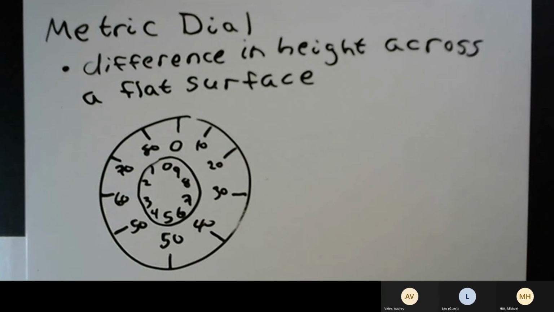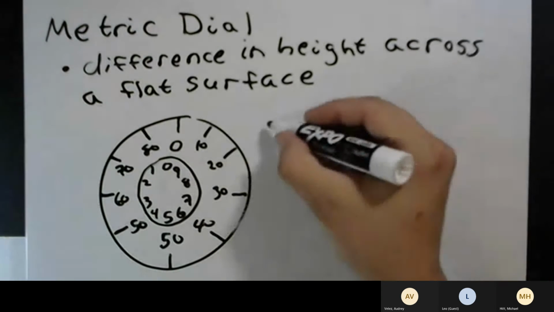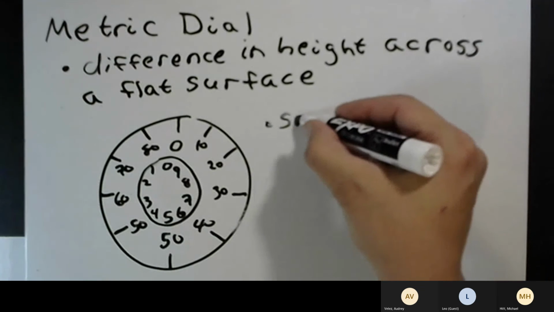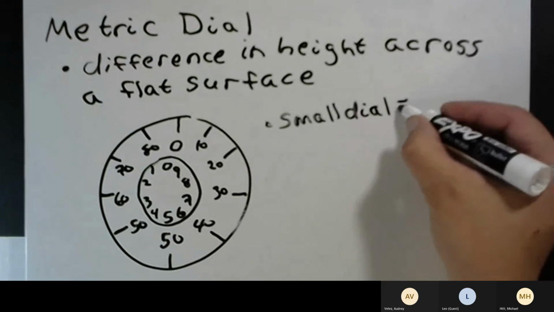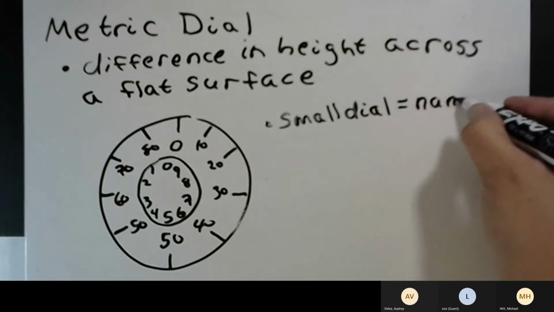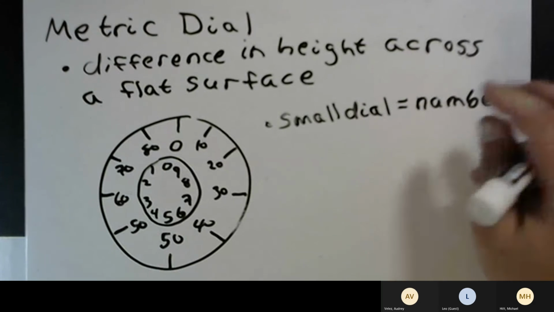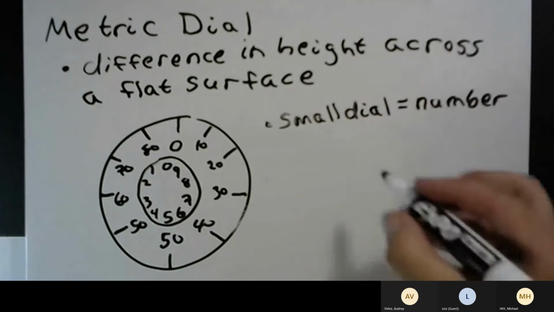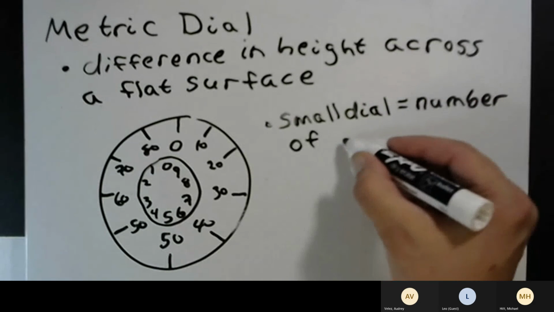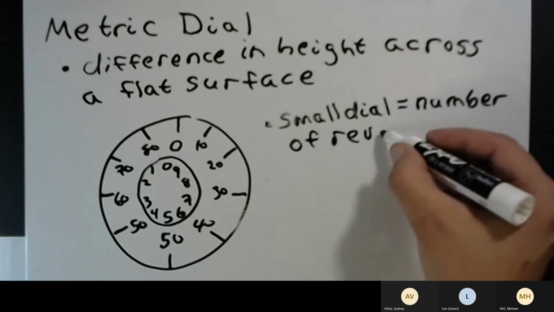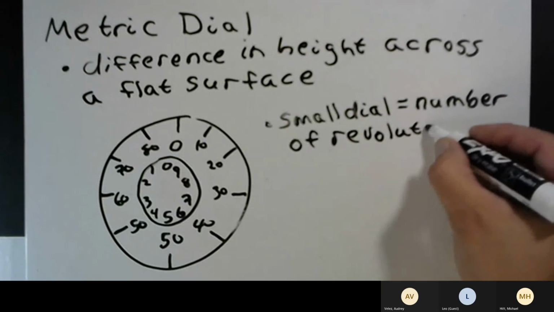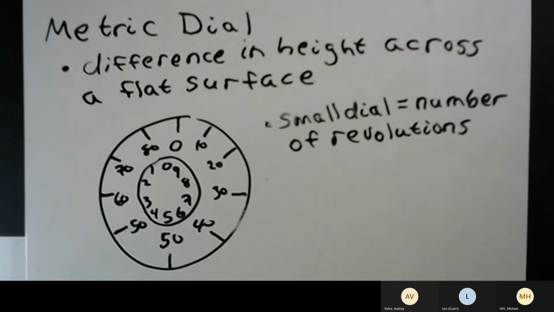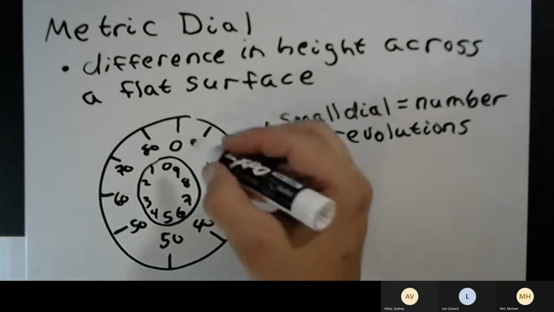So you're going to have two dials. The small dial is the number of revolutions. So what's going on here?